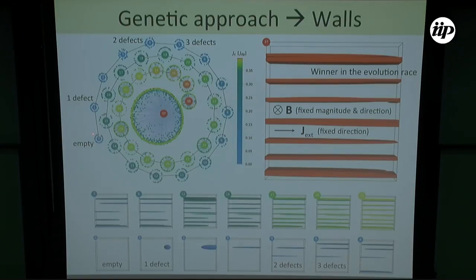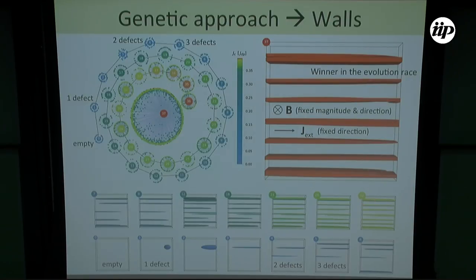So we go from the empty superconductor, then it generates one defect with somewhat larger critical current. Then it can modify this, or it can go another way. This is just some particular run. Then it modifies this, copies this defect to the other one, and so on and so forth, and ends up with these walls.